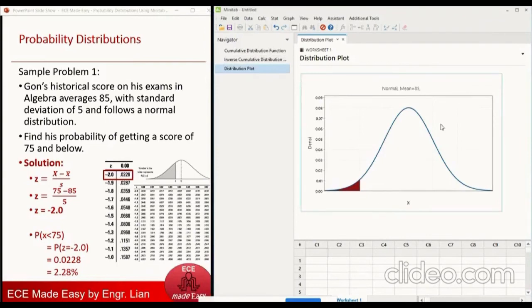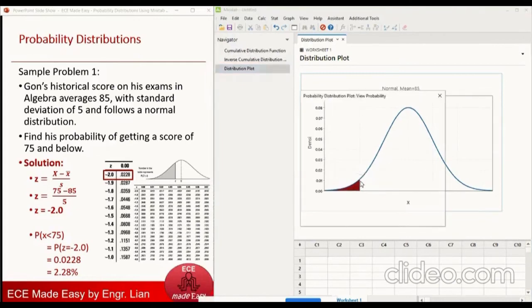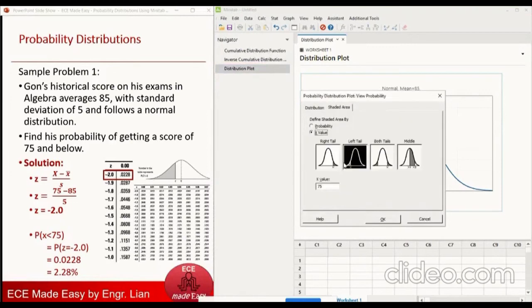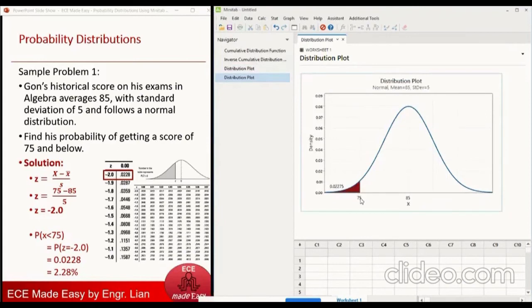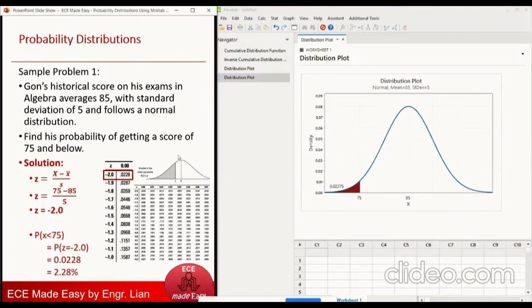And there we will have this output. So there at the value of 75, the probability is shown here, which is 0.02275, which is the same as the previous answer that we got. And it even shows here the whole picture of that plot. So that's an easy one using that tool.